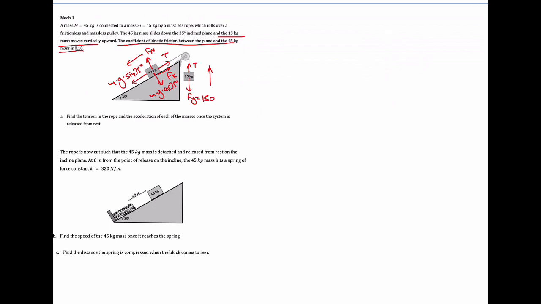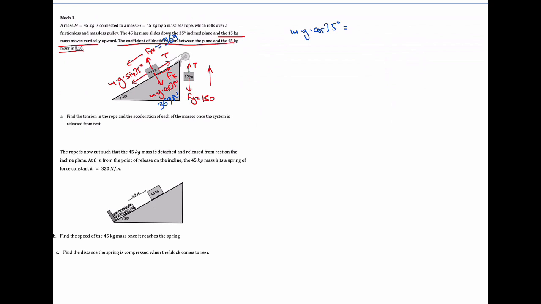Now we have to actually do the calculations. The mg cosine of 35 degrees is 45 times 10 times cosine of 35 degrees. So the force of gravity y is 369 newtons, and so is the normal force.